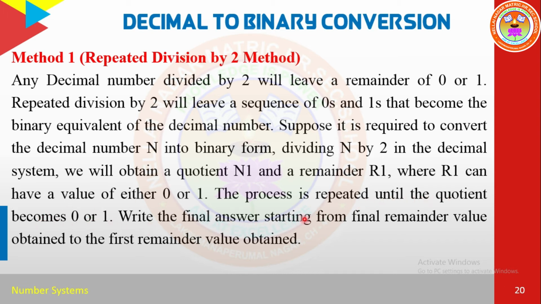Write the final answer starting from the final remainder value obtained to the first remainder value obtained, so you update the values from bottom to top. That is the procedure for the repeated division by 2 method, especially for converting a decimal number to binary.